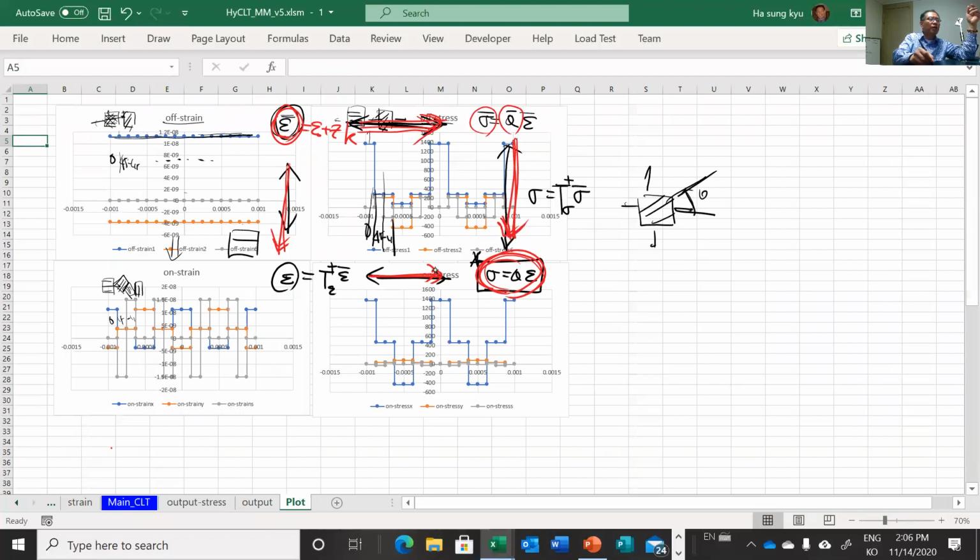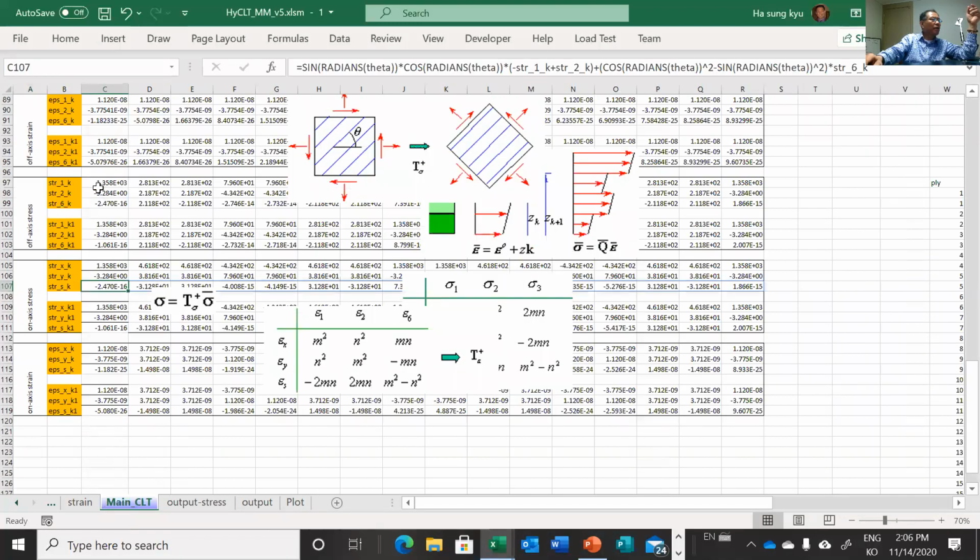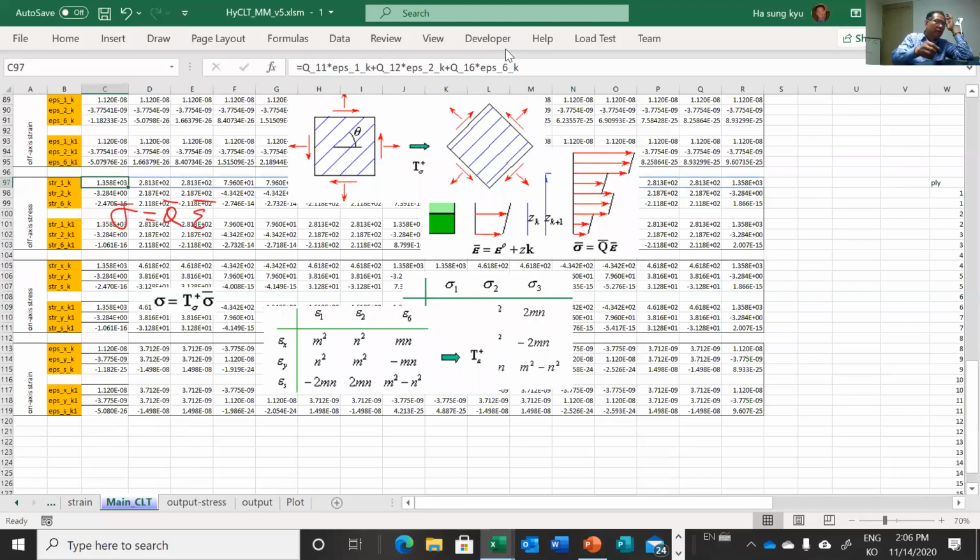And then we transform. That is what we have done here, right? This is the sigma bar and Q bar and epsilon bar. And this is the Q is like that. So to reach this on-axis stress, we can just get this one.